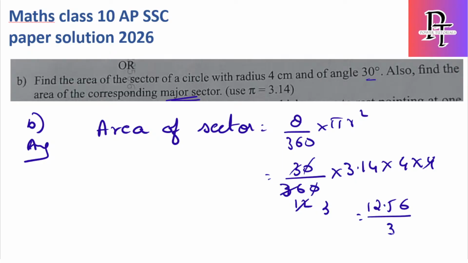So we'll get 12.56 by 3. So 3 cancels out, 3 4s are 12, and so on. We'll get the final answer as 4.186 centimeter square is the area of sector.